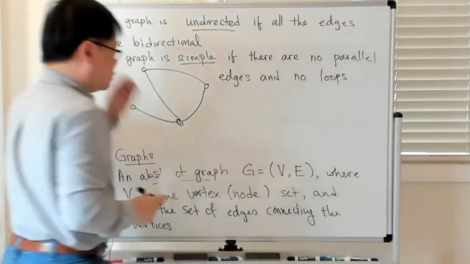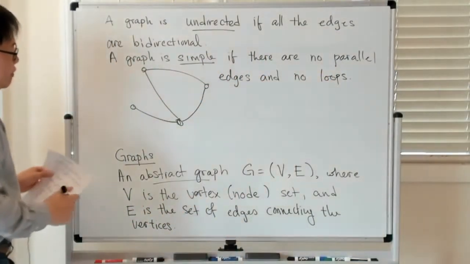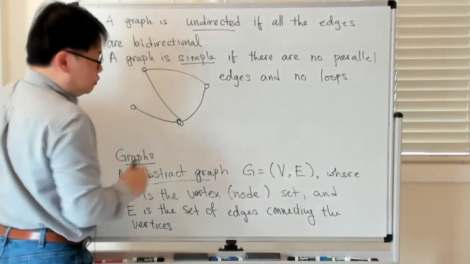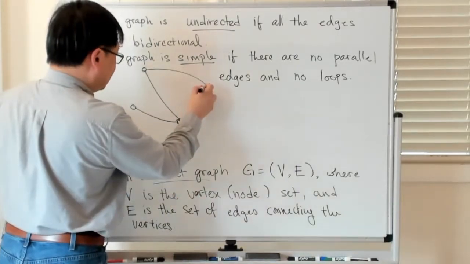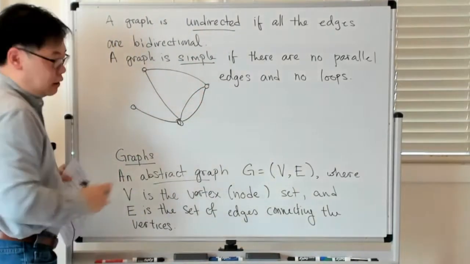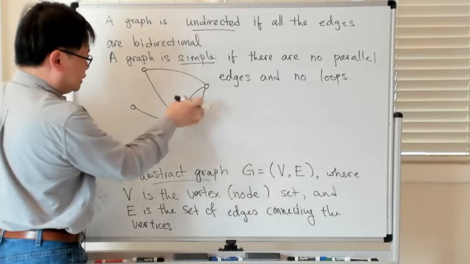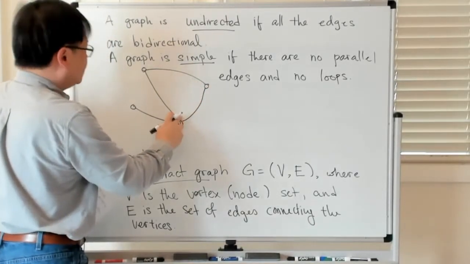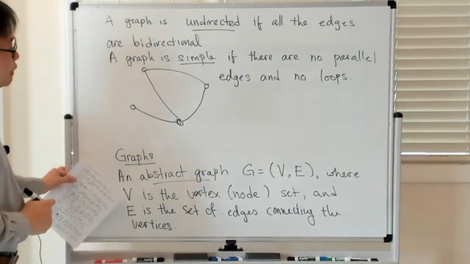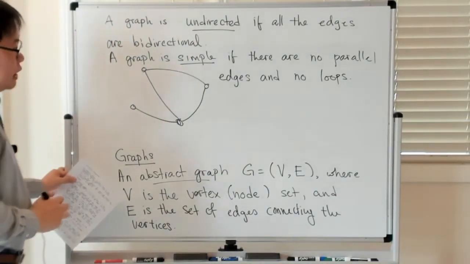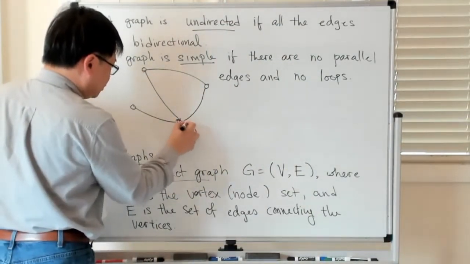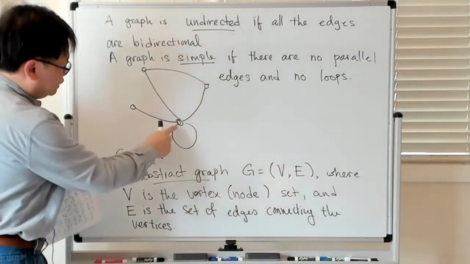Okay, so what do I mean by a parallel edge? A parallel edge is basically two edges which connect the same pair of nodes. So this would be a pair of parallel edges. I don't want to allow that in a simple graph. The other thing I don't want to allow is loops. Loops are basically an edge which connects a node to itself.